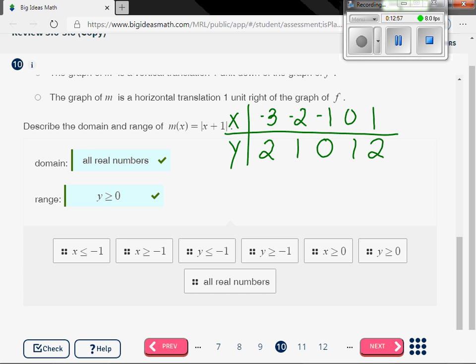Yep. So we want to do this one and then this one. And this one. 9. Any other questions on this one here?